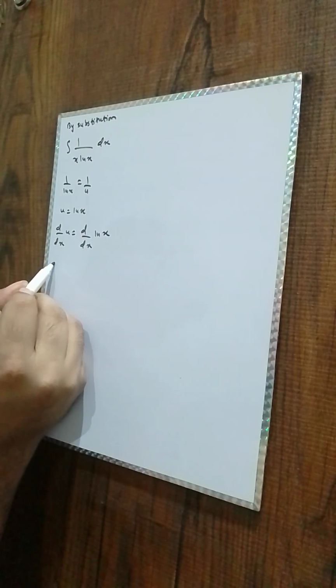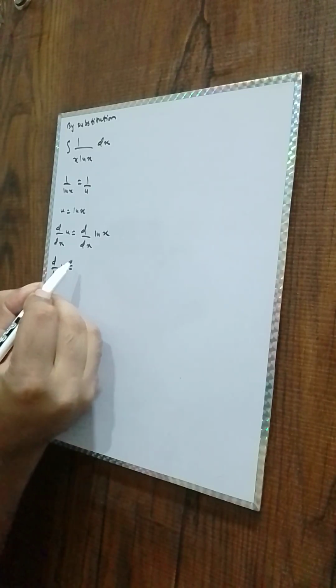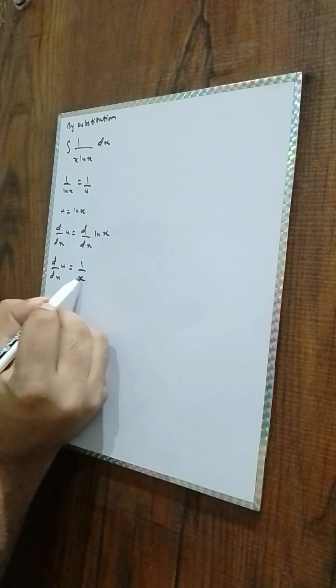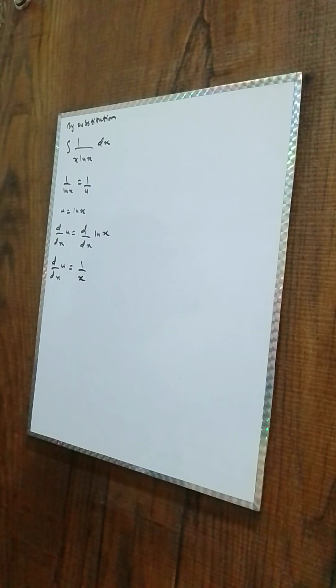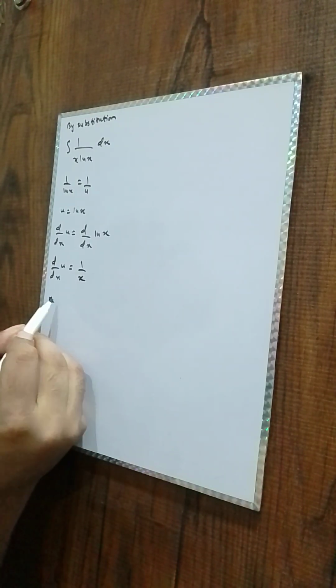Okay, so we rearrange. So we rather solve d by dx of u is equal to 1 by x. Now we have the solution. Okay, so now this can be put to use.